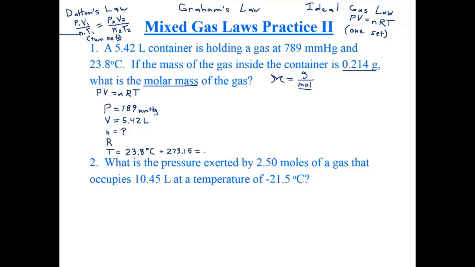That's going to give me 296.95, which would round to 296.70 with appropriate sig figs, because I have to round this.